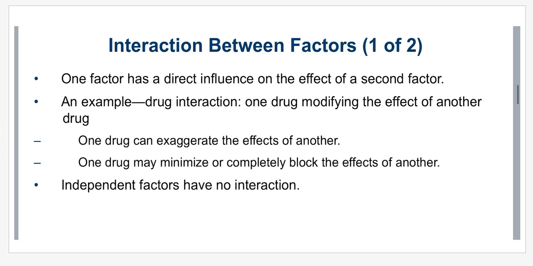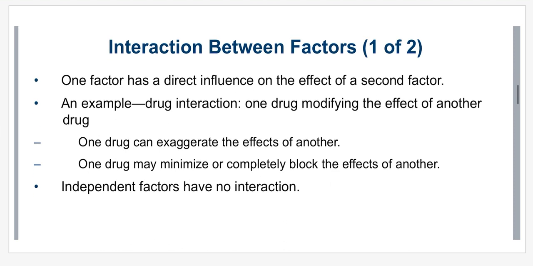Now, what about the interaction? If one variable or factor has a direct influence on the effect of the other, so if study time affected their exam scores... well, let me back that up.